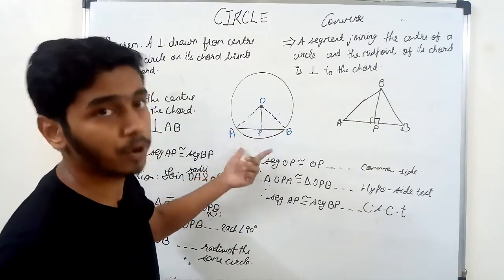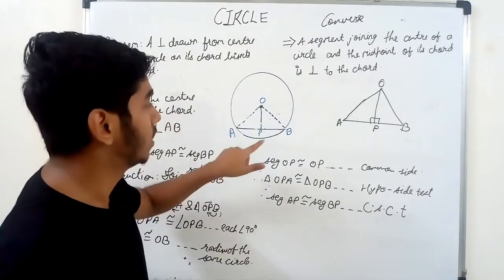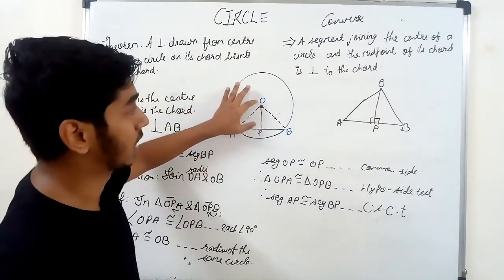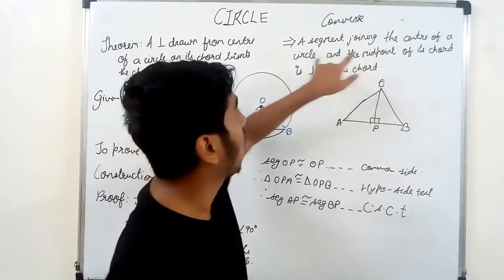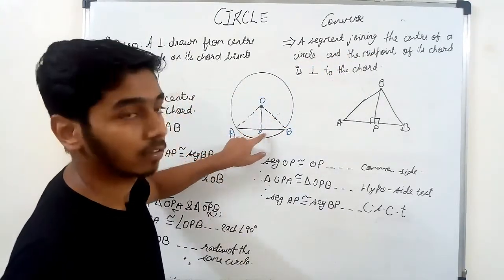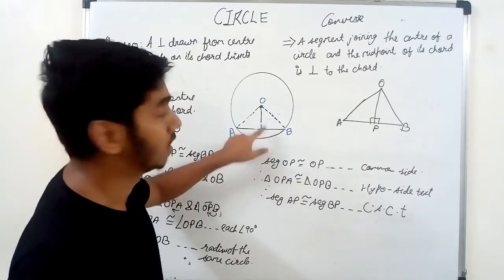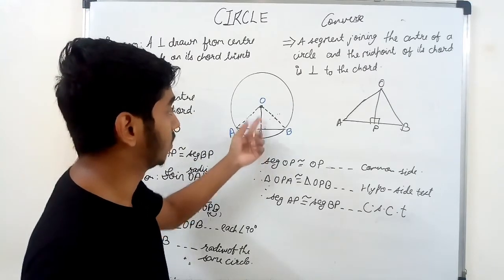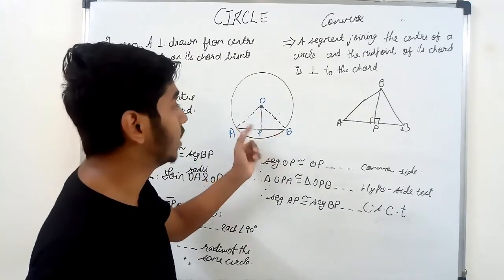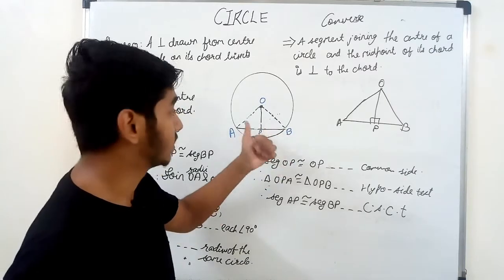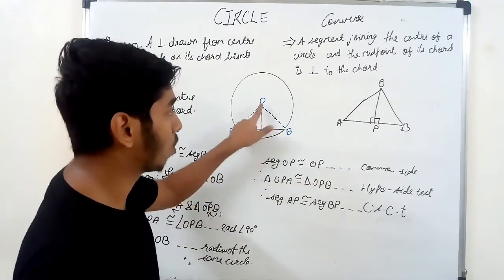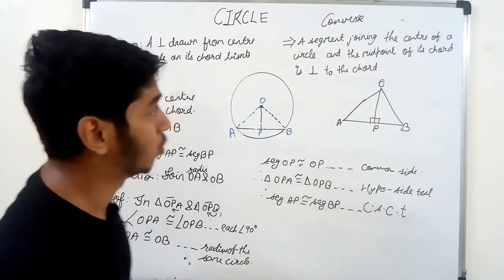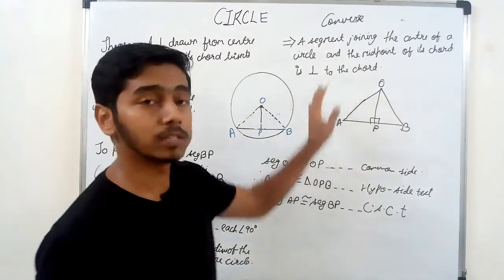Let's say P is the midpoint of the chord. So we are saying a segment joining the center of a circle and the midpoint. This segment OP is dividing AB into equal parts. If this is happening, then we have to prove that this segment is perpendicular to AB. I hope you have understood the converse, what it says.